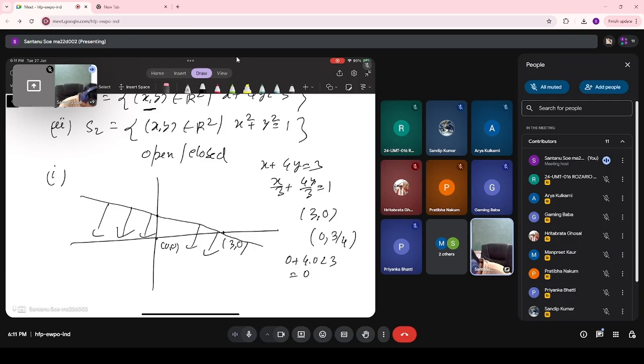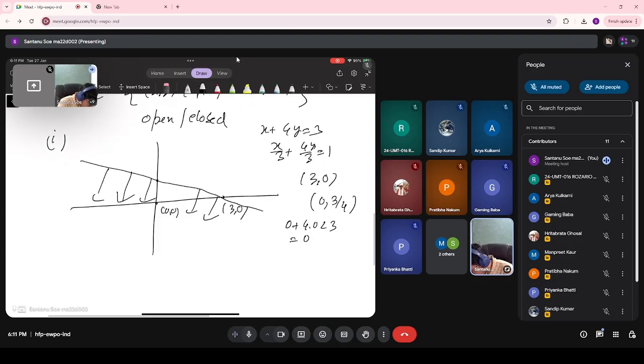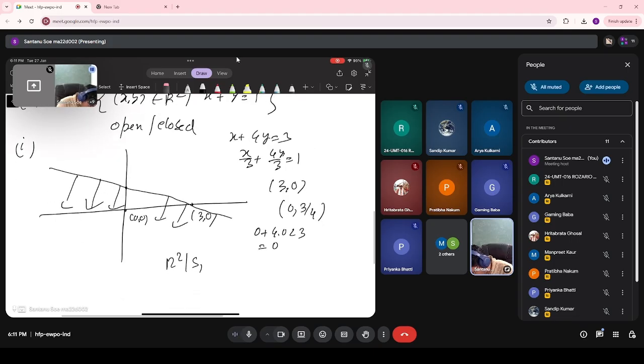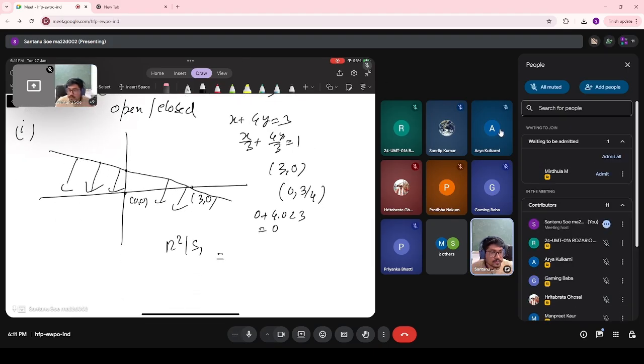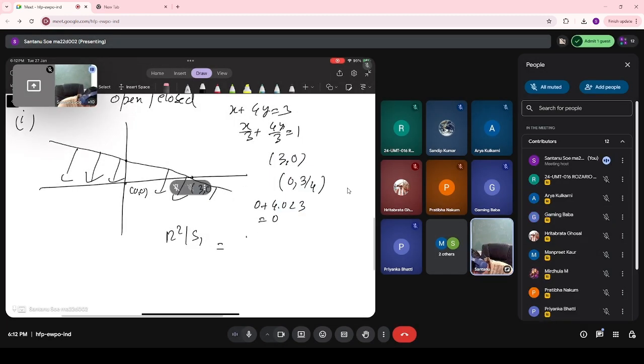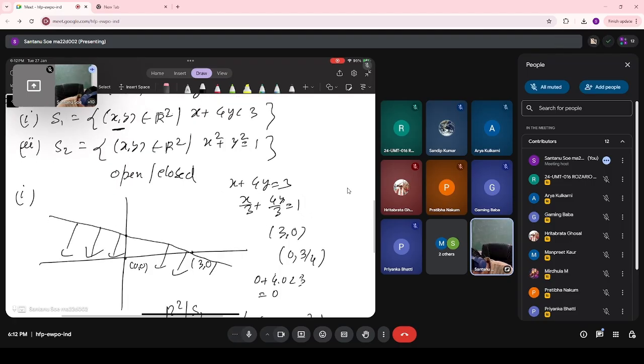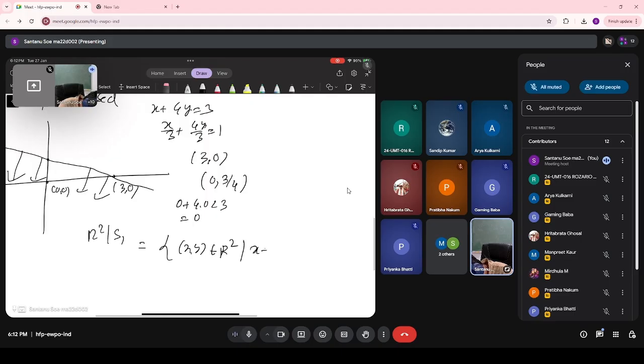A set is closed if it contains all its limit points, because if you take the set R2 minus S1, then this will be nothing but all of x comma y in R2 such that x plus 4y is greater than or equal to 3, and this set will be a closed set. And the complement of a closed set is an open set.